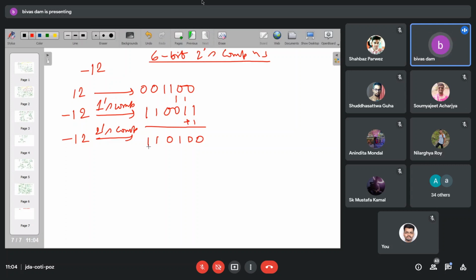I am asking one thing: to find out the 1's complement, how many steps are there? Remember, I am not considering obtaining the unsigned binary pattern to be one step. That's the starting point. Starting from the unsigned binary pattern of the given number, how many steps are there to find out the 1's complement?